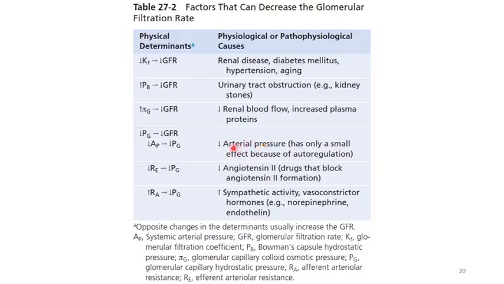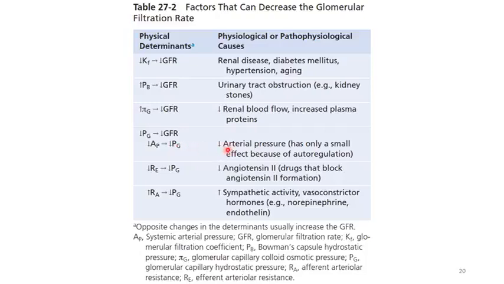This factor can reduce the hydrostatic pressure in some way, but mainly the autoregulatory mechanism prevents the reducing effect of hypotension on the hydrostatic pressure at the level of the glomerular capillary.